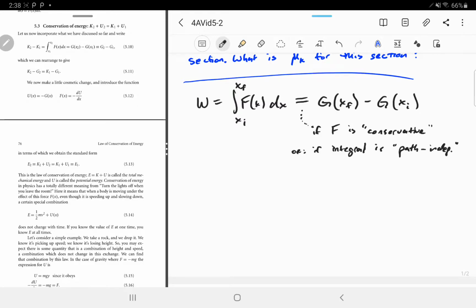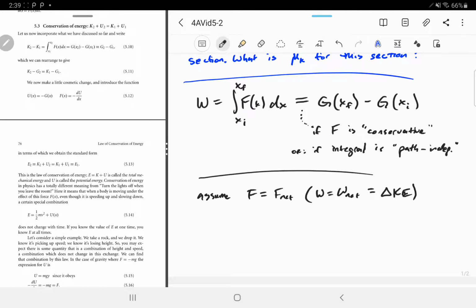Okay, so now we want to connect this to the work energy theorem because I want to say something about kinetic energy as well. So now let's assume F is the net force, so that this work is the net work. If I can say that, then the work is equal to the change in kinetic energy from the work energy theorem.